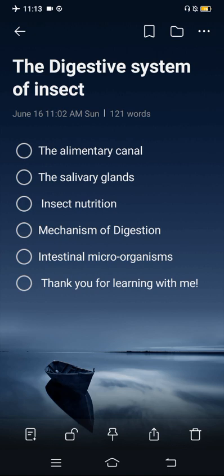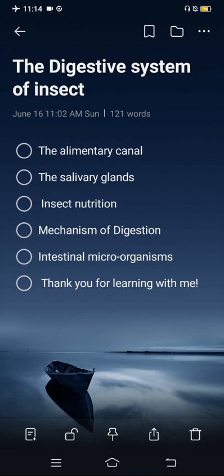The alimentary canal of various insects: dragonfly, esophagus, midgut, Malpighian tubule, ileum, rectum. Cockroach, crop, gizzard, gastric caeca, then ileum, rectum. And red cotton bug, first ventricle, second ventricle, third ventricle.